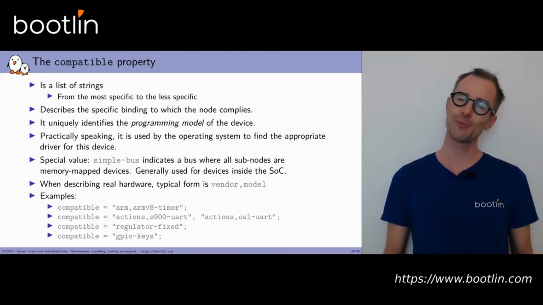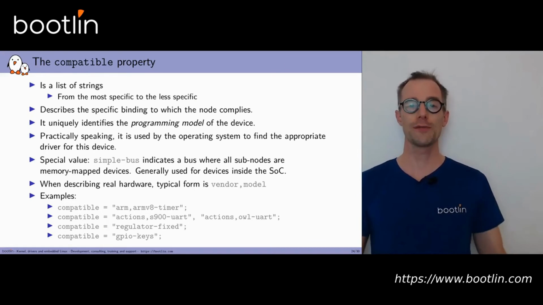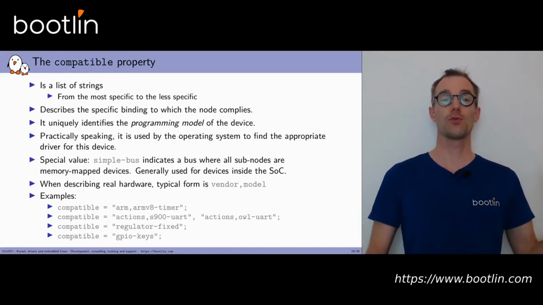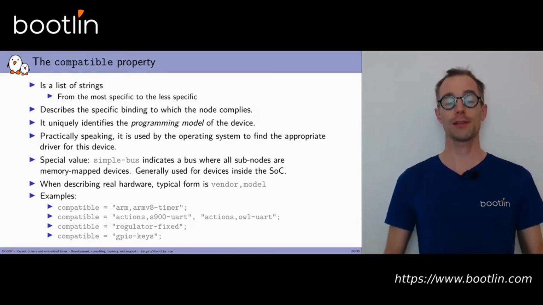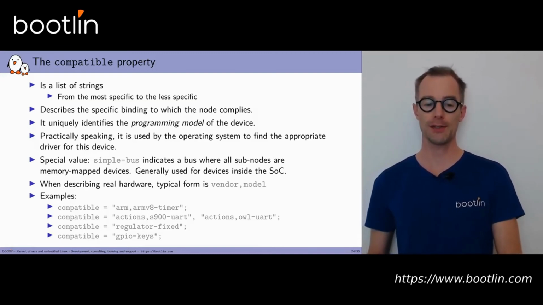So practically speaking, this compatible string not only says which device tree binding is used to represent that device, but it is also used by the operating system to find the appropriate driver for that device.